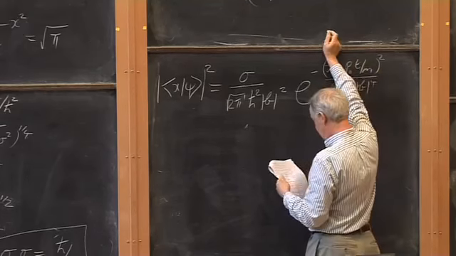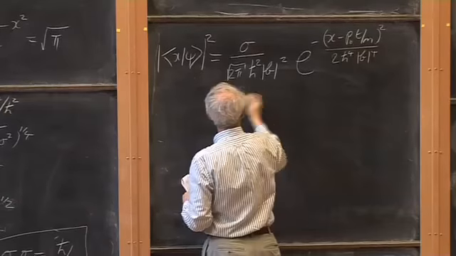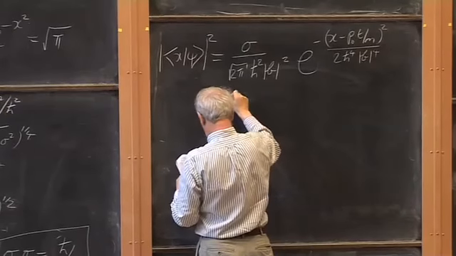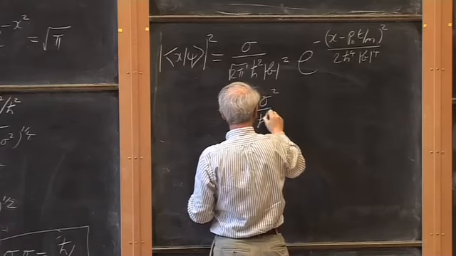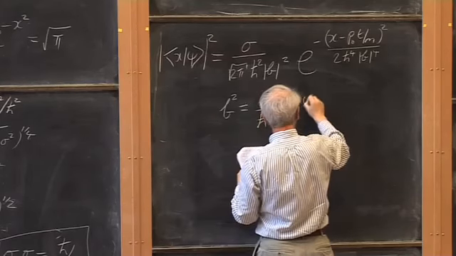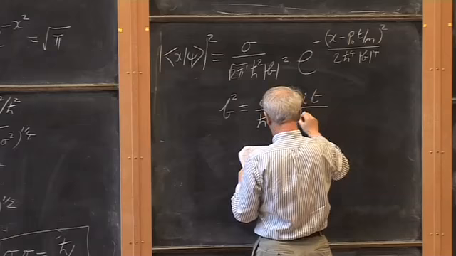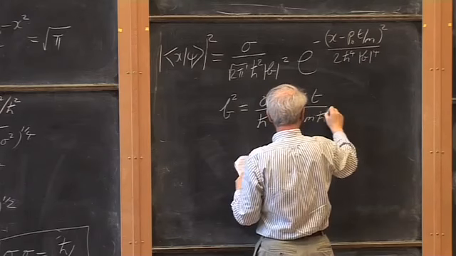I need to tell you what b squared is, don't I? b squared is a complex animal. It's sigma squared over h bar squared plus i t over 2m h bar.